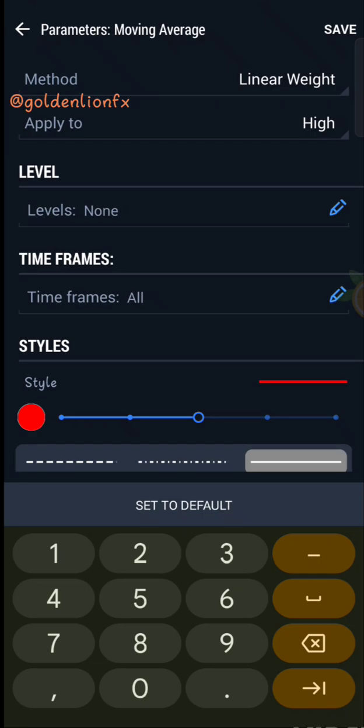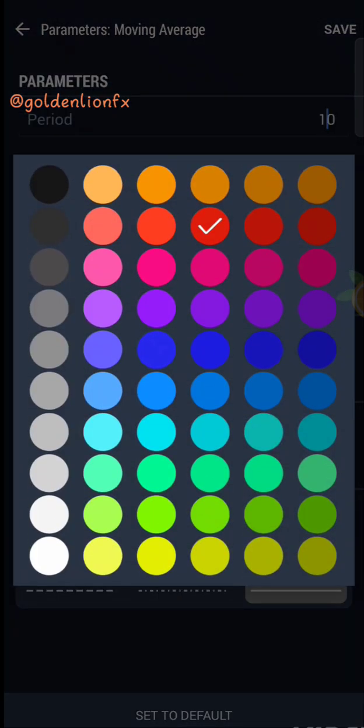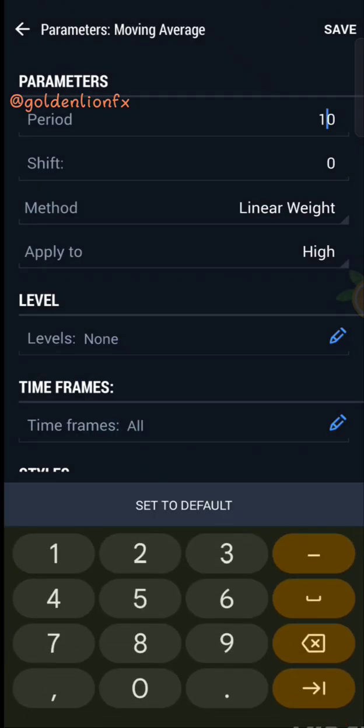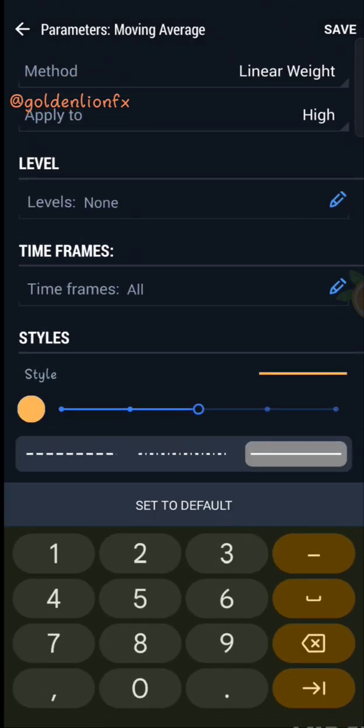The candle is made up of high, low, and also the body, close and open. So for this case we choose high, and I will use this color, brown.